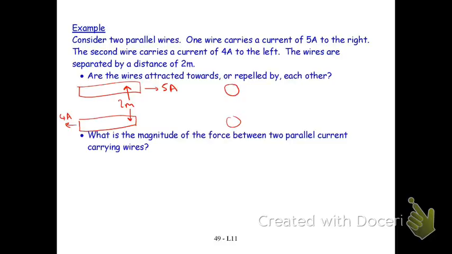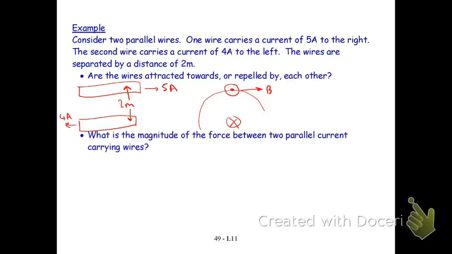So let's just do this. We'll say that's going in there, that's going in there. That's going into the board, so my magnetic field goes in that direction. There's my B. I do my L cross my B. Let me just do that right. Yes, that goes in that direction.